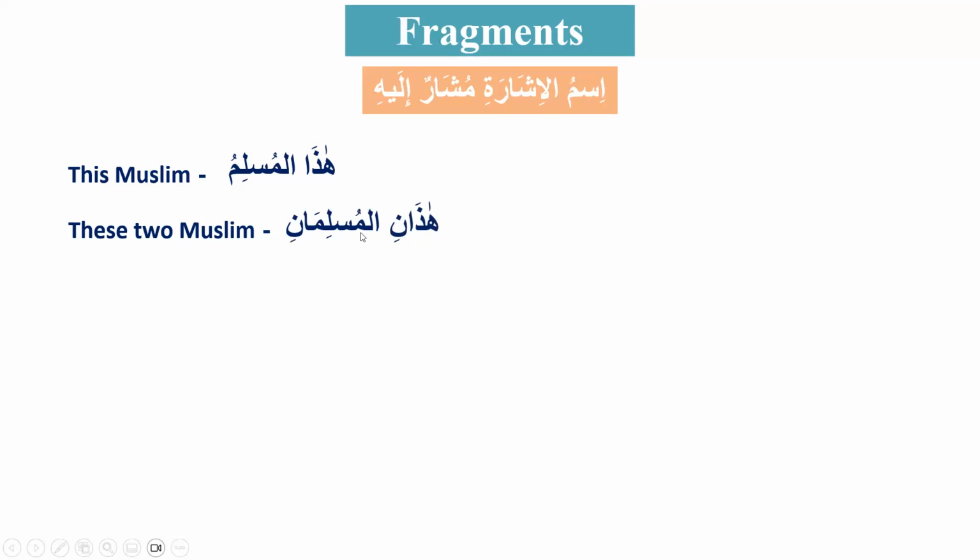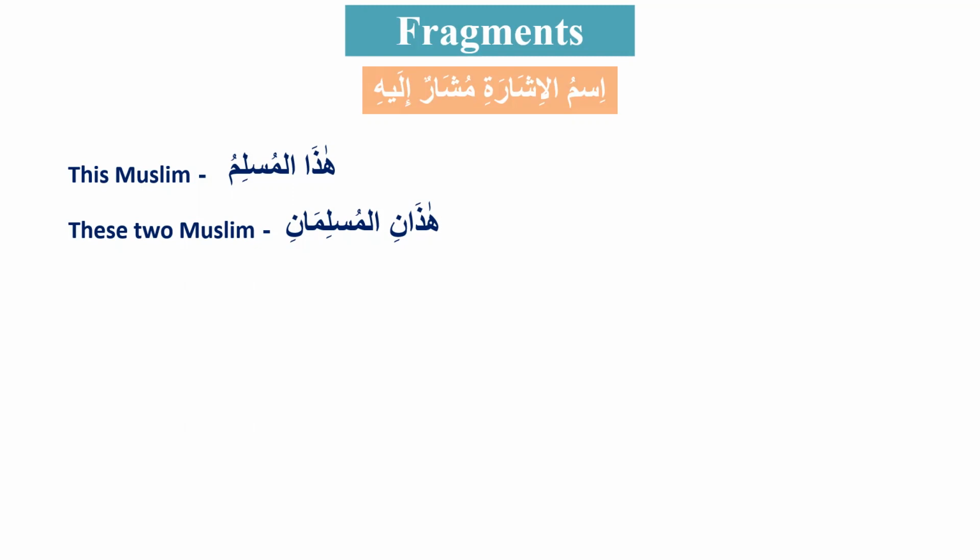Yes. So the problem was, Hiba, Hazani Muslimani. Where is the al? Musharun ilayhi has to have al with it. So you were missing the al. So you know where the problem was, Hiba? Yeah. So you were very close. You did a good job. But you missed the al.